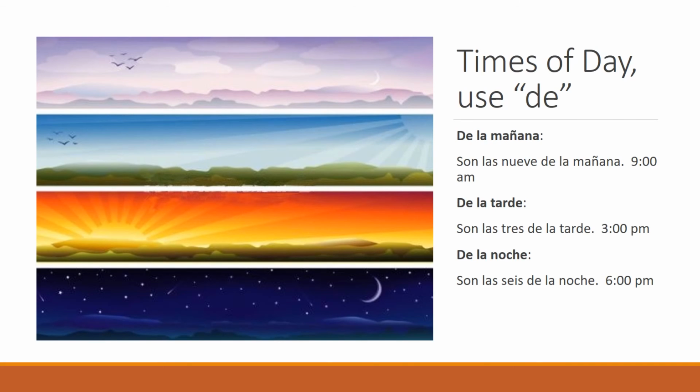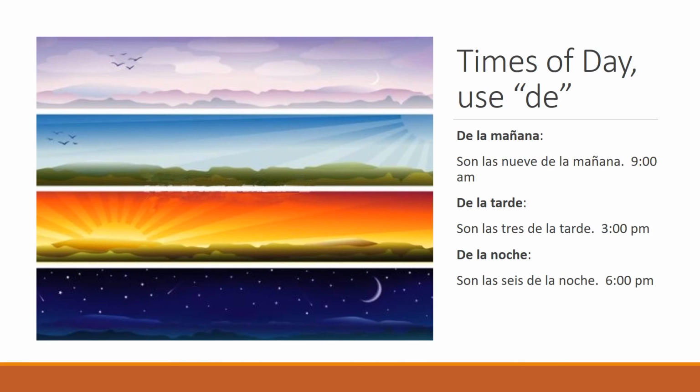Now, when you're talking about different times of the day, you're going to use the word de, which makes it easy to remember. So times of day, use de. De la mañana. Son las 9 de la mañana. So if you're referring to 9 a.m., most of the time in conversation, a Spanish speaker would not say 9 a.m. They might, but for the most part, they would say son las 9 de la mañana.